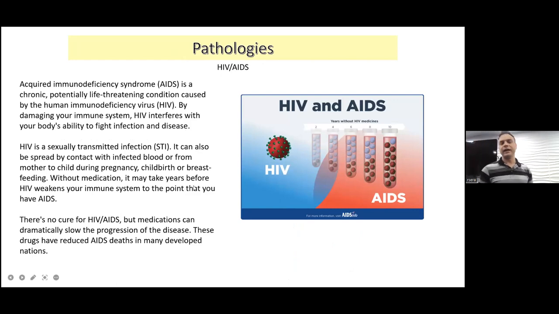So looking at some of the pathologies of the immune system, our first one here is HIV and AIDS. So HIV is the human immunodeficiency virus, right? AIDS is the acquired immunodeficiency syndrome, which means that, well, one, this is a viral infection of the body.